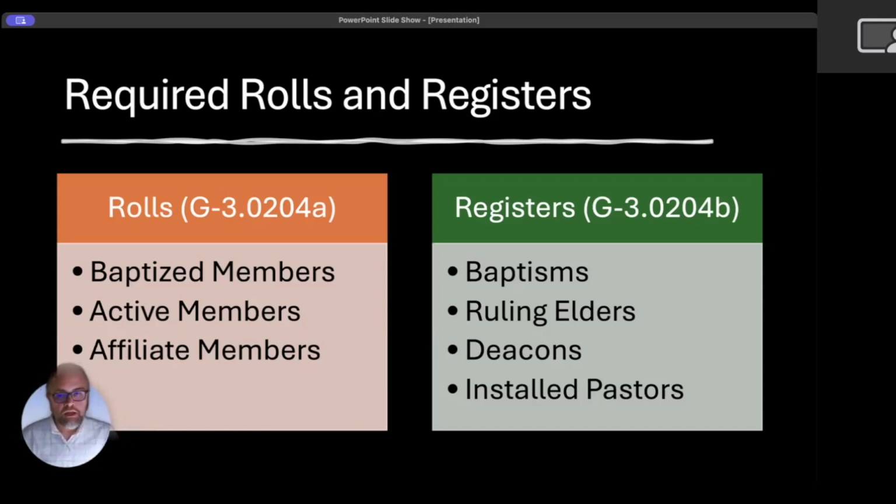If it is someone who is being baptized at the time they join the church, confirmation usually, but sometimes as an adult who has never been baptized or a member of a church before, then they are listed on the register of baptisms and then placed on the roll of active members. So the register is just the list of the baptisms that you do. The roll is the active list, and it gets maintained over time.